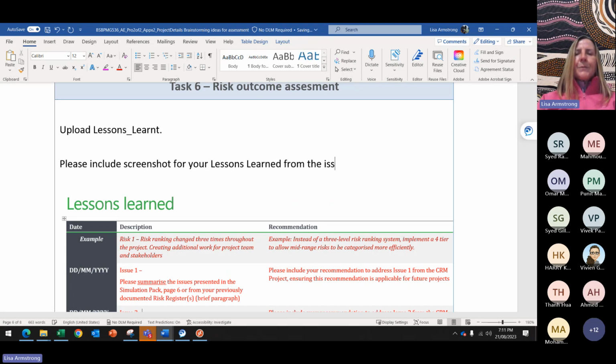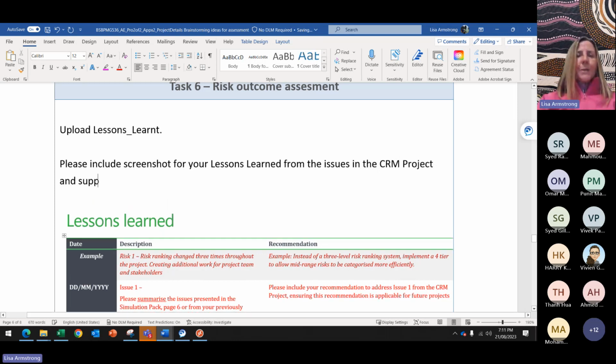From the issues in the CRM project and supporting recommendations for future projects.